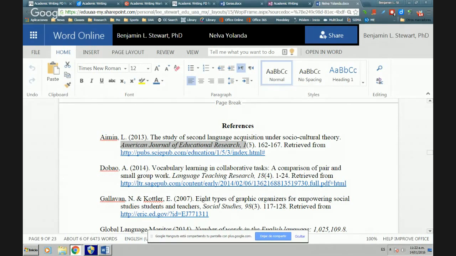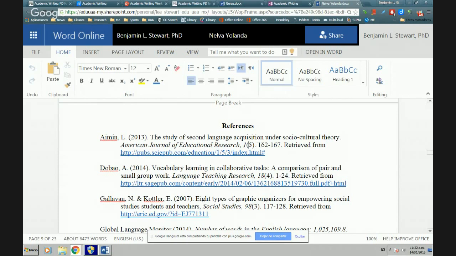And the second number, what do we call that? It refers to the issue, for example if it's quarterly, sometimes there are 4 issues in 1 year. So the first number is the volume number.